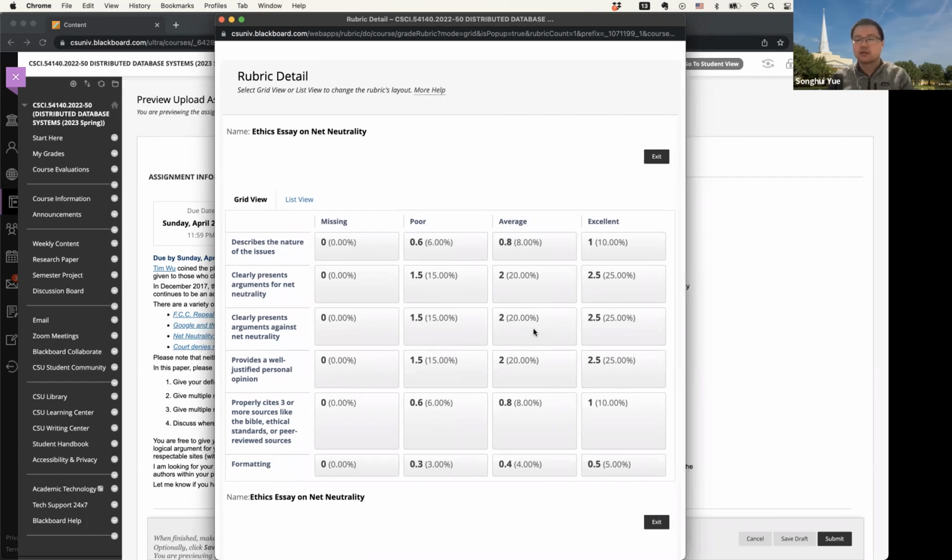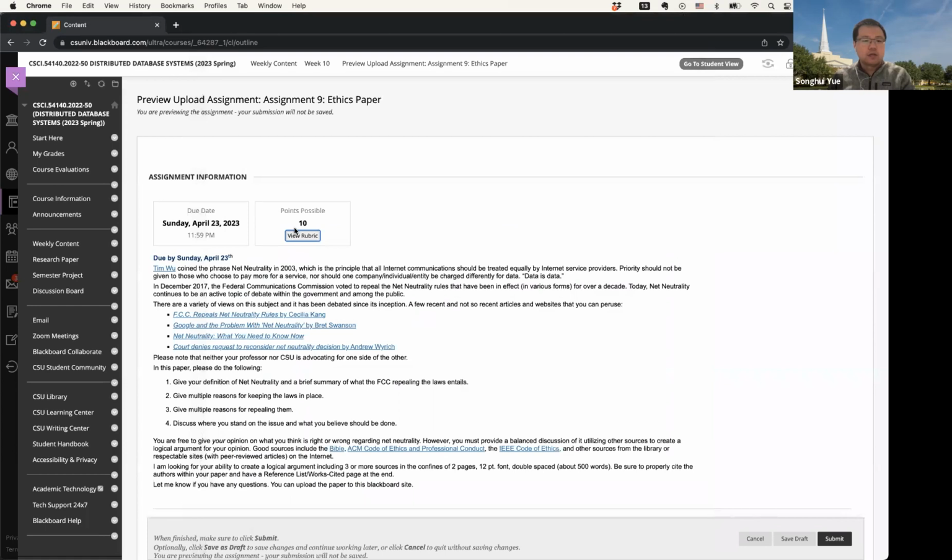So that's a good thing for the assignments of this course, that most of them, like a big project or assignment, have their rubric. This is the one for the ethics paper, and the one for the research paper. So there's also a research paper rubric.